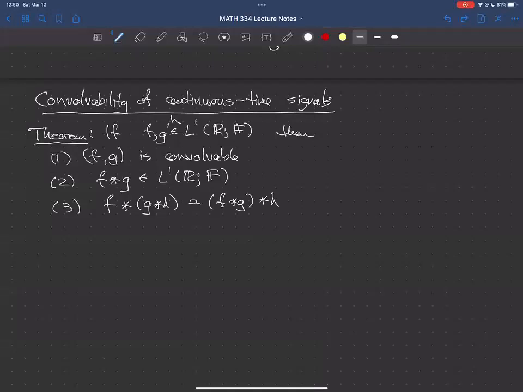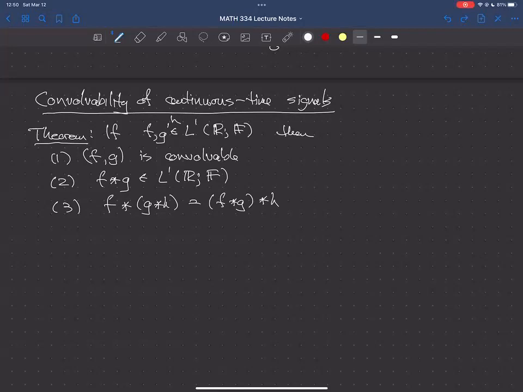We already know that L1 has a sum, and now we know it has a product. But the product is not as nice a product as you might like, so let's look at some of the algebraic properties of this product.